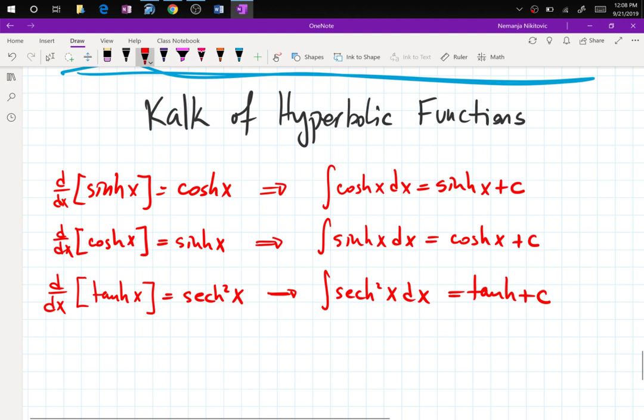So guys, these are your positive ones, and the next three will all be negative. You have your sine, cosine, tangent derivatives and integrals over there, no negative signs anywhere.